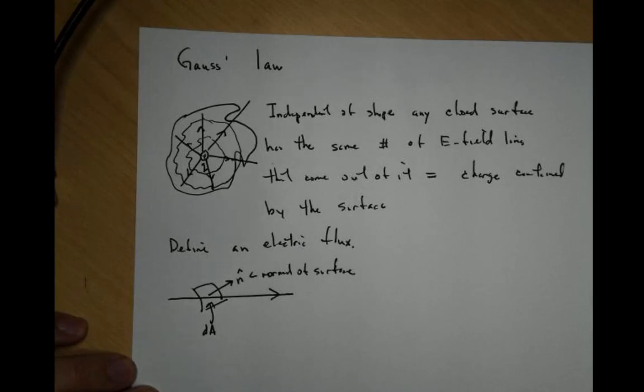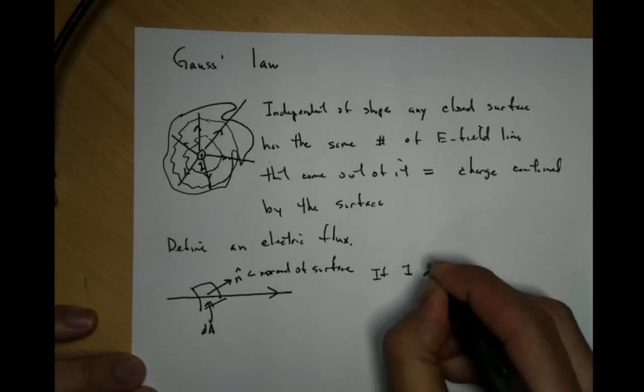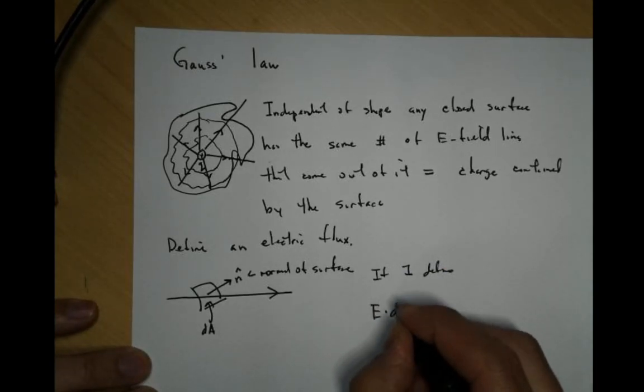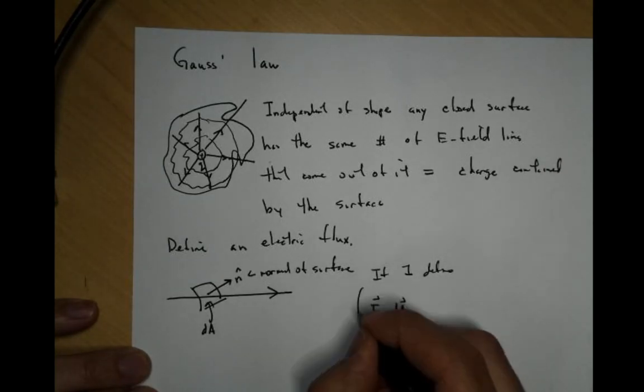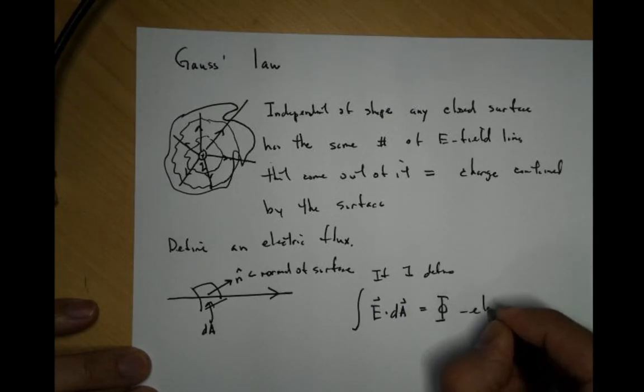Then I define E dot dA vector, and I'll define what dA vector is in a second. This is equal to phi, which is electric flux.